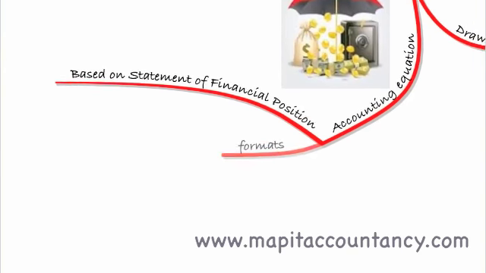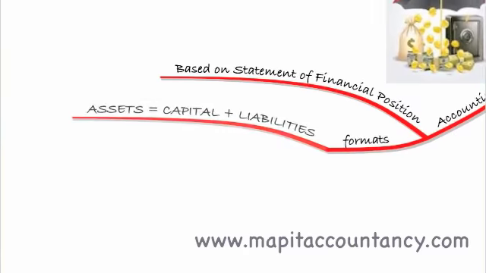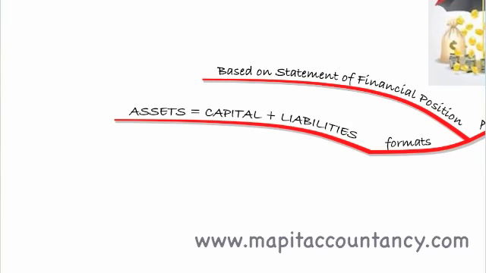And the formats of the accounting equation are that either you could say that your assets equals your capital plus your liabilities. Well, we know that because when we looked at the format of our statement of financial position, our assets up at the top equaled our capital plus our liabilities at the bottom.